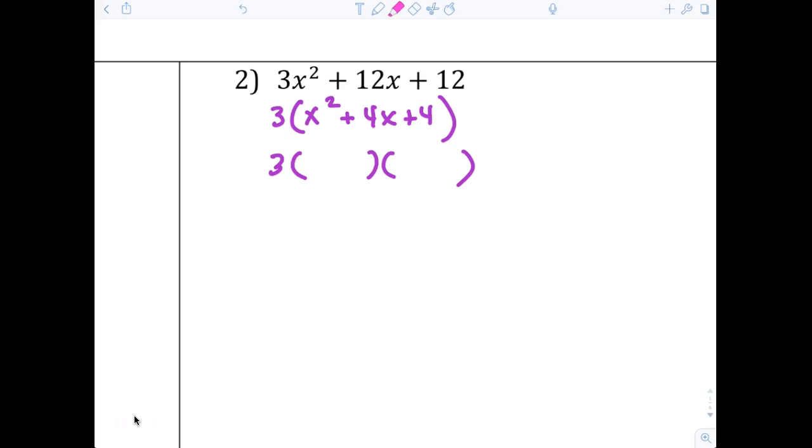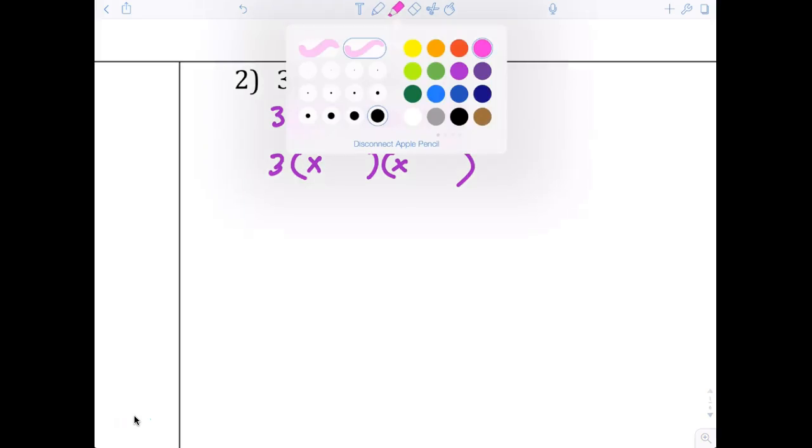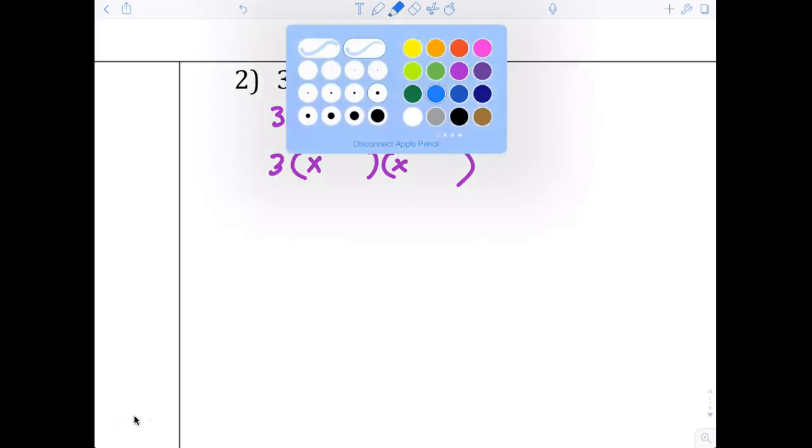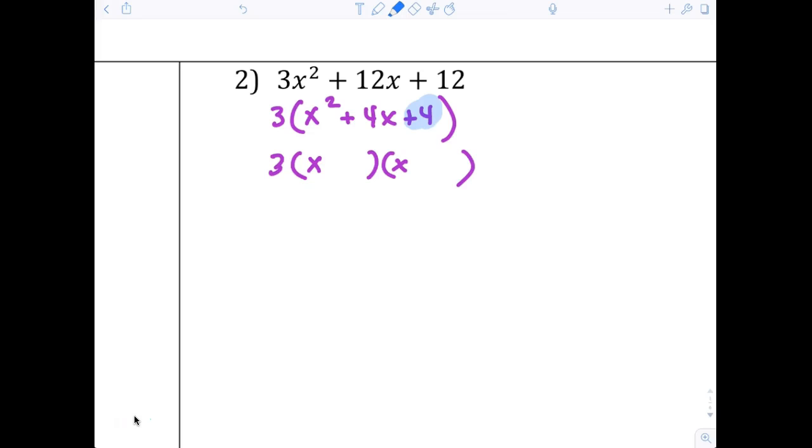Okay, I prefer you say x and x. Now, here is where we need the what? Positive 2. Yes. All right, so here we go. Positive 2, positive 2. Because 2x and 2x makes the 4x. Do you understand that?